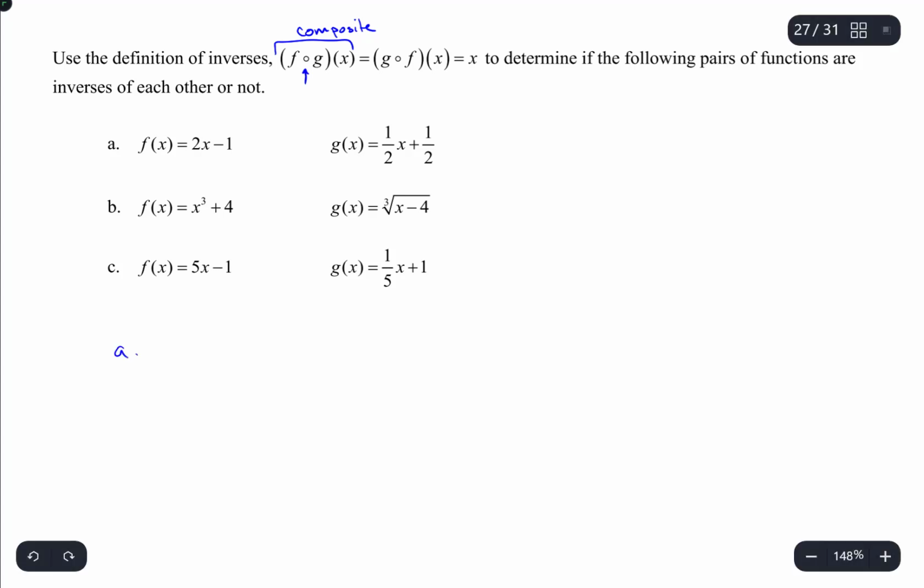To evaluate a composite function, like in part A, to do f composed g of x, what I would do is take f and evaluate it at g of x, which means I would take f and plug in the function, here's g of x, 1/2 x plus 1/2.